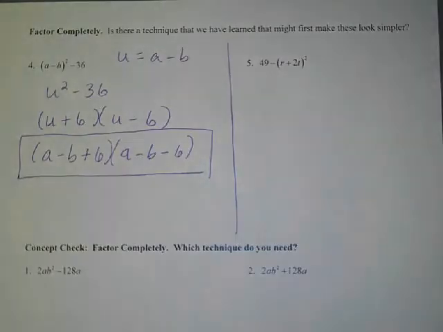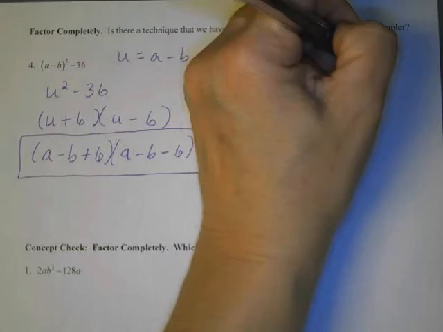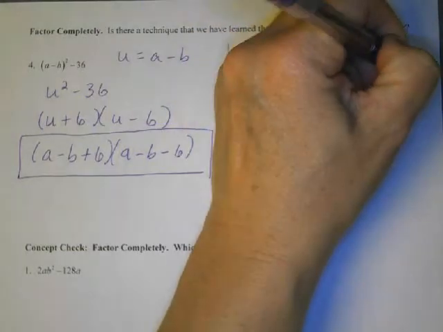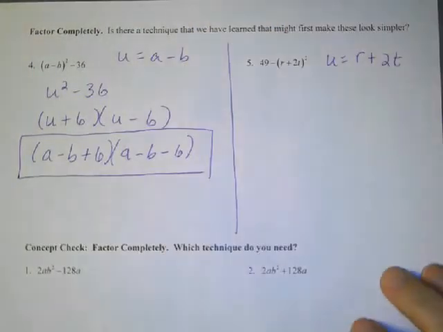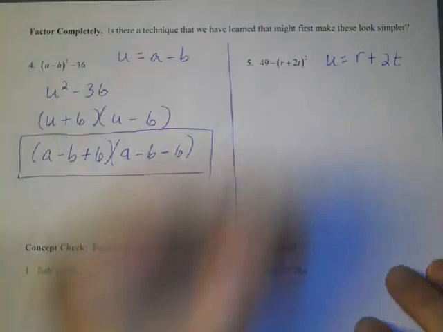Let's try again. On problem 5, what would u represent? Would it represent r plus 2t? And now rewrite this binomial with u instead.